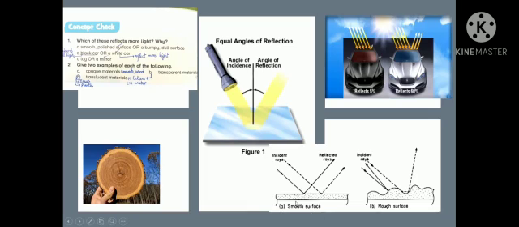On a smooth surface, when light strikes, then the maximum amount of light can reflect back because there is minimum absorption of light. So you can see that this is the incident ray, and after striking this smooth surface, this is the reflected ray. So a smooth polished surface can reflect more light.